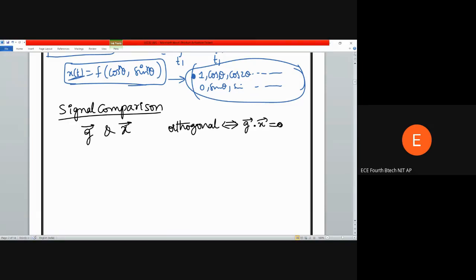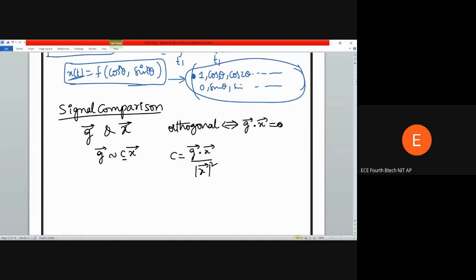Now, similarity: we represent g bar as nearly equal to c times x bar, where c is the component of g bar along x bar, given as c equals g bar dot x bar divided by mod x bar square.